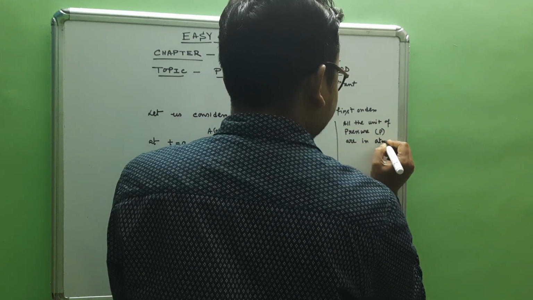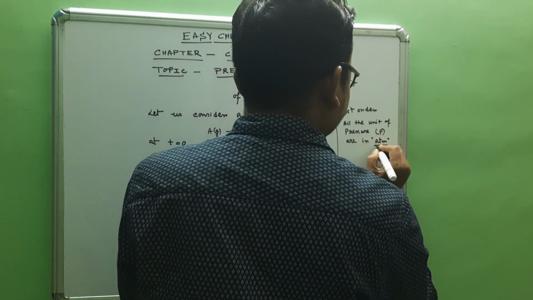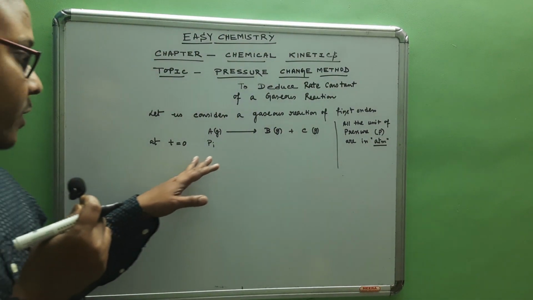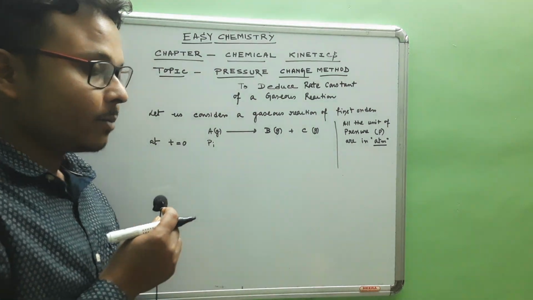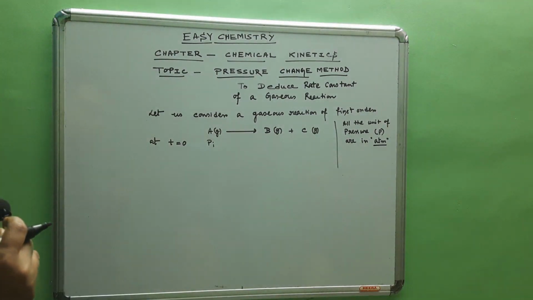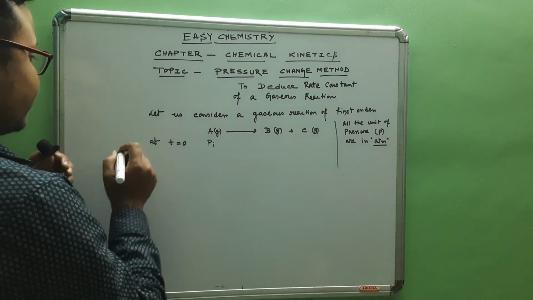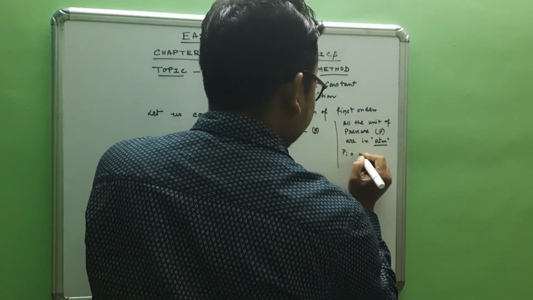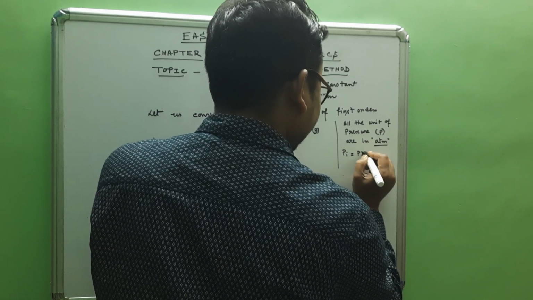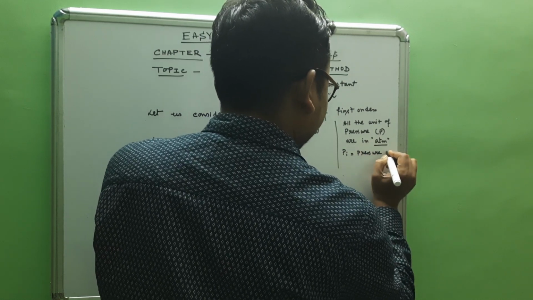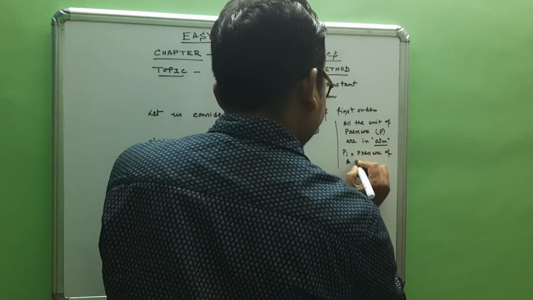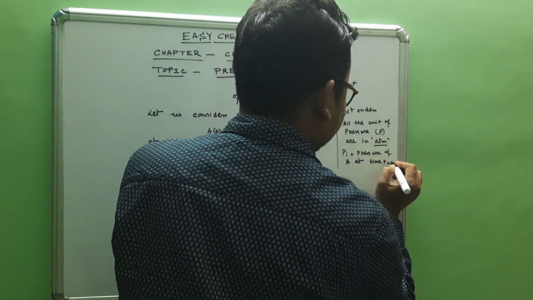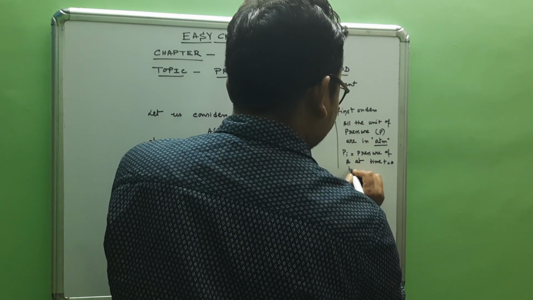Pi means initial. So Pi is the pressure of A at time t equals to 0 in atmosphere.